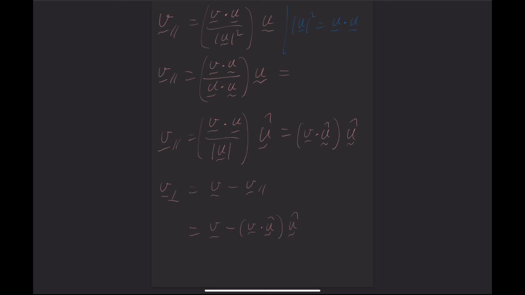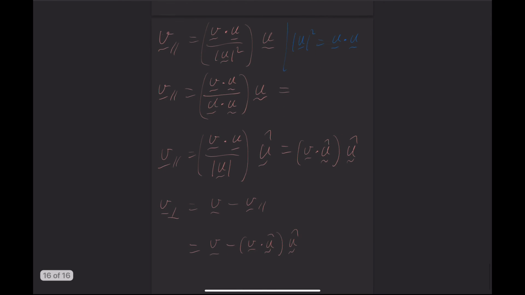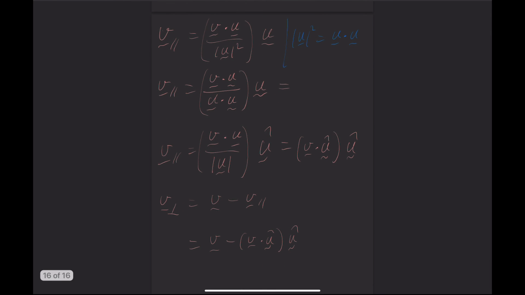And that will give me the vector component of v that is perpendicular to u. Okay, so the formulas you want to know how to use: this guy for remembering, this guy for calculating, and this one kind of has everything you might need to know in it.